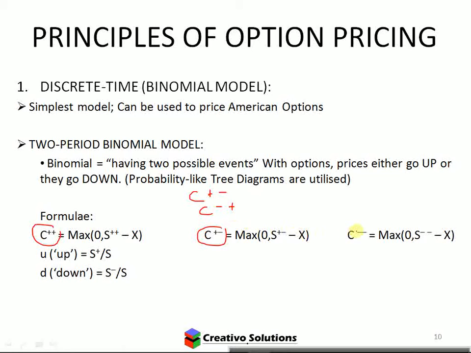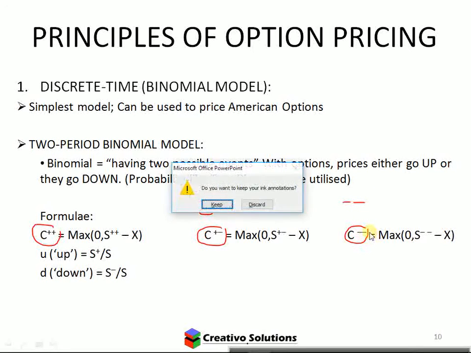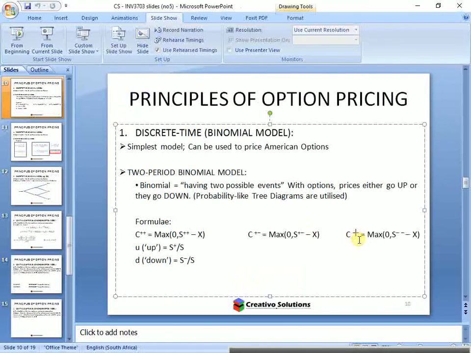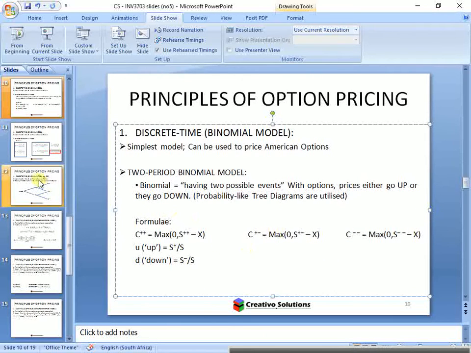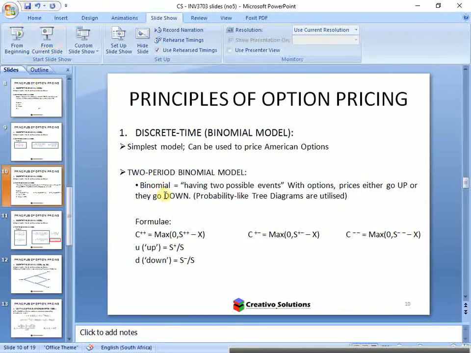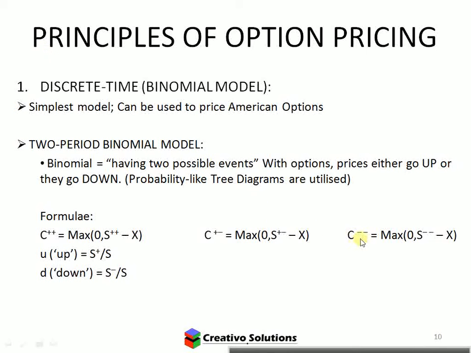And then here, Excel hasn't put a gap in between, it's just put one line. I should have put a gap in between. Let's see if I can quickly do that. There we go, a little gap. Save. So that's the C minus minus.